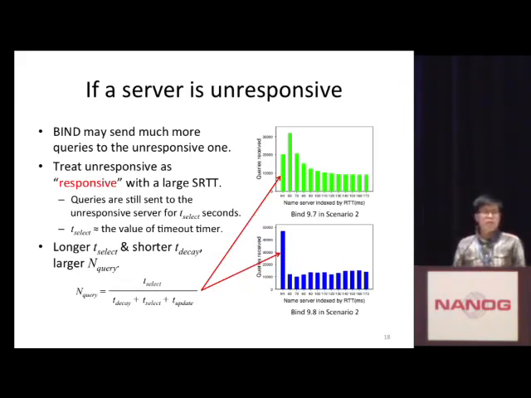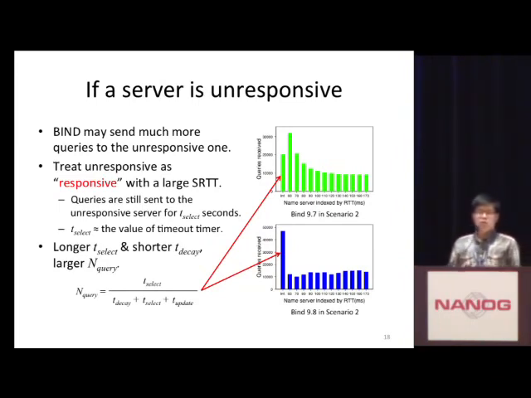So when the decaying speed is very fast, sometimes the unresponsive name server may need to wait only a few milliseconds to be selected again. And the worst thing is that once this unresponsive name server has been selected, it will keep being selected until the query's timeout timer expires.